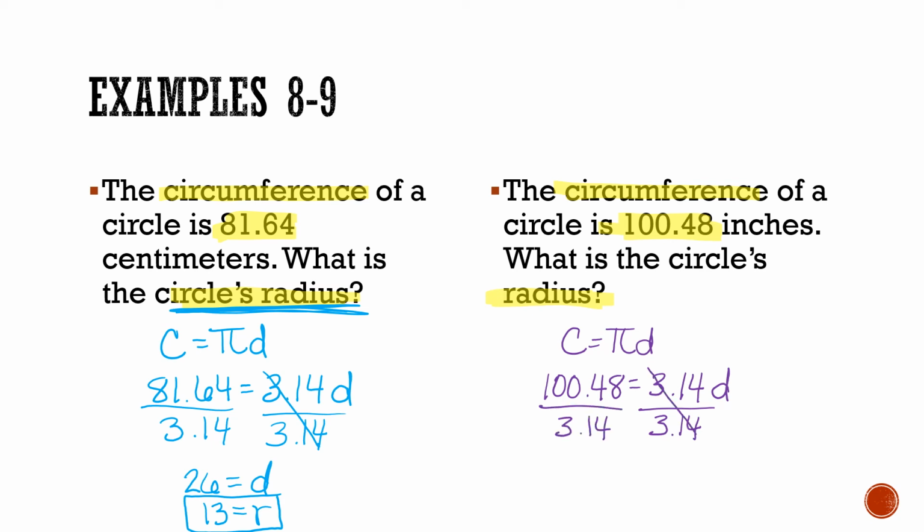Using our calculators, we'll do 100.48 divided by 3.14, which gives us 32 equals D. However, the question is asking us not for the diameter, but for the radius. So our radius is half of the diameter, so 32 divided by 2 gives us 16. So our radius is 16.